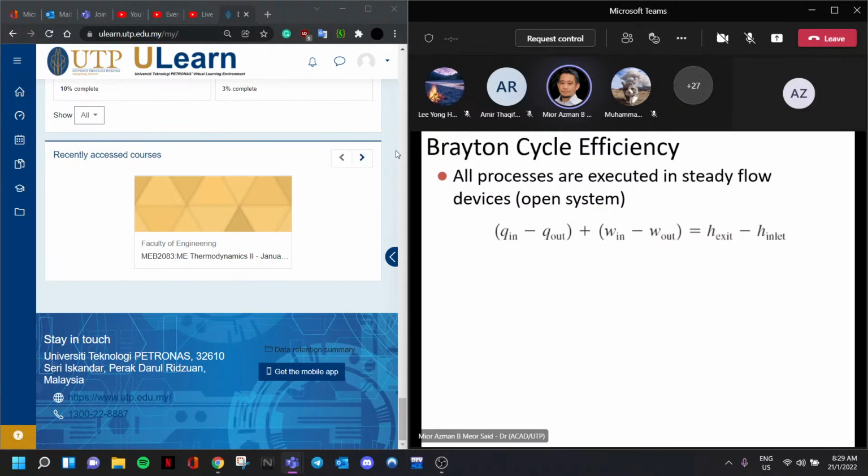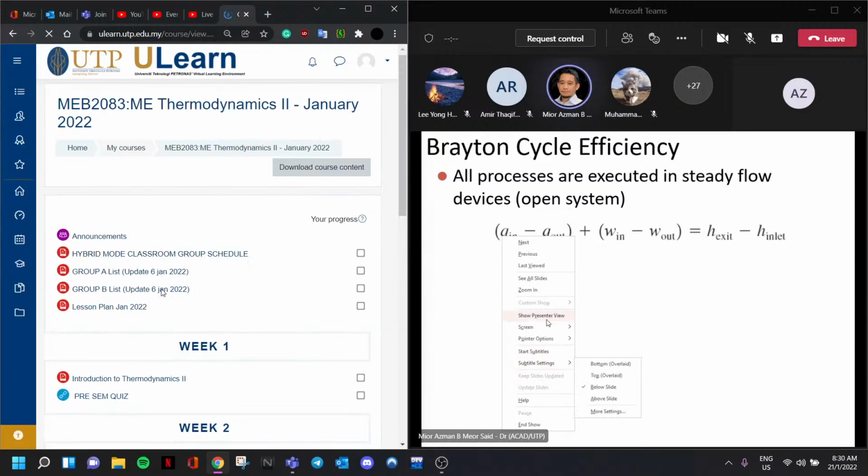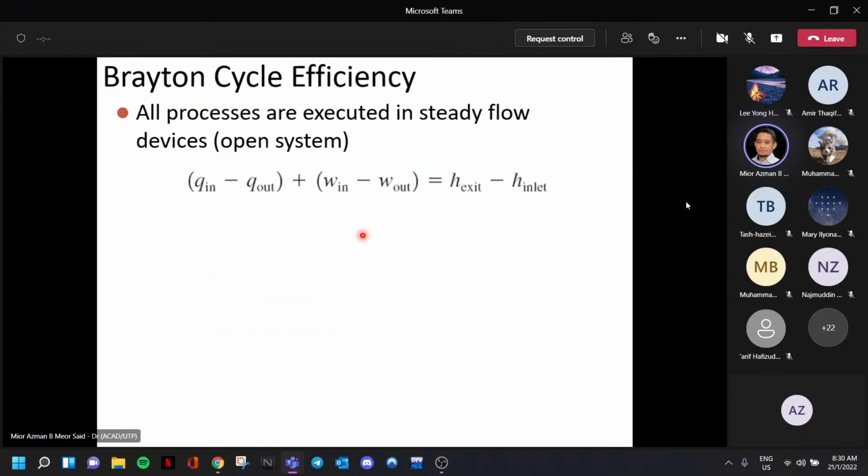Okay, so this is for steady flow devices, an open system. So you have the first law of thermodynamics, Q in minus Q out, equal to the change of the enthalpy. So this is an open system, right? Instead of the closed system, Q in minus Q out plus the work in and output equal to the change of the internal energy, the U. You have the H, the enthalpy.